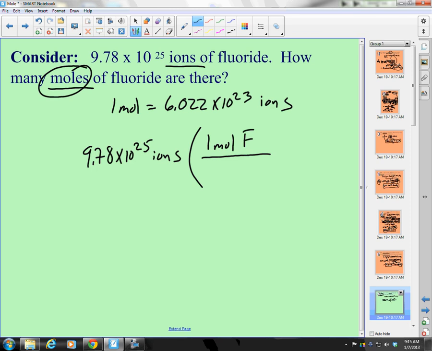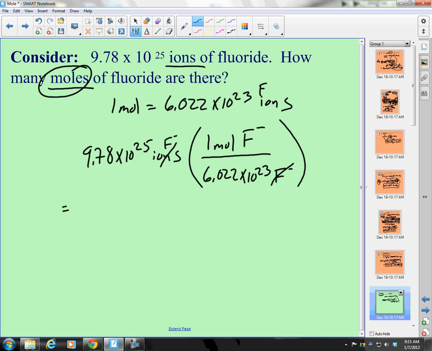Fluoride. So I have 1 mole of fluoride ions. And I'm going to put what I want to get rid of, 6.022 times 10 to the 23rd fluoride ions, right? Good. So my fluoride ions cancel and I'm left with moles.